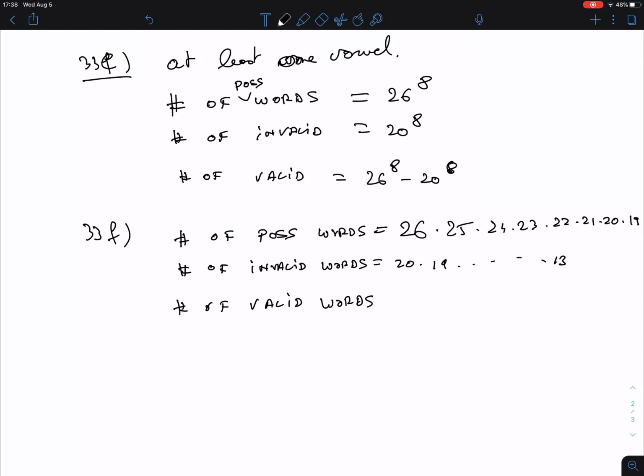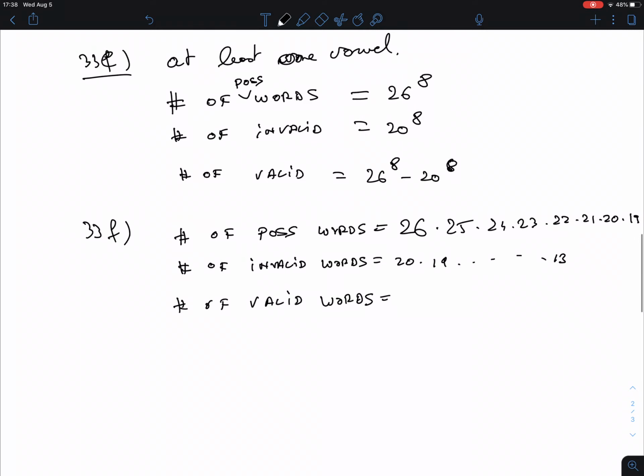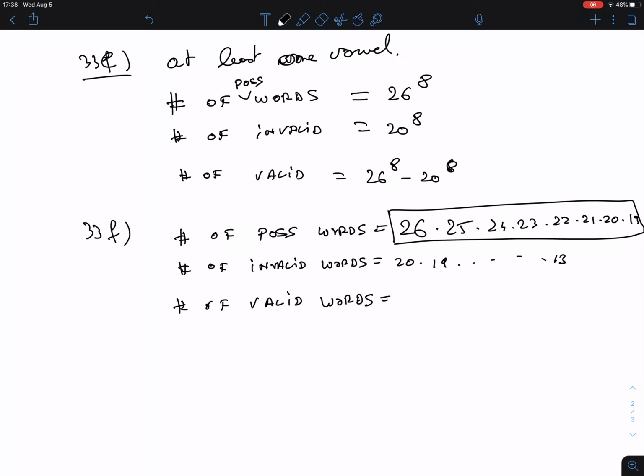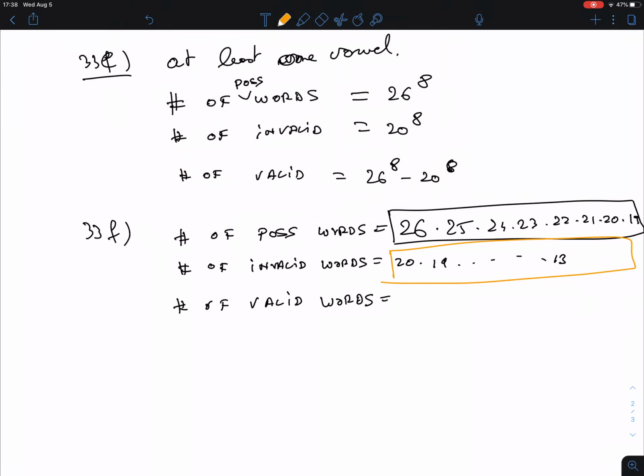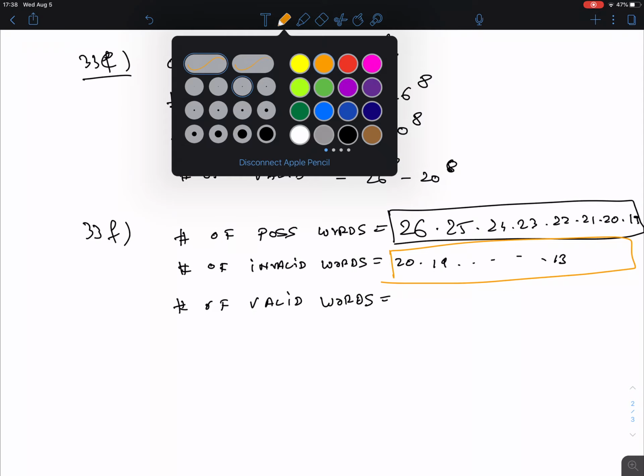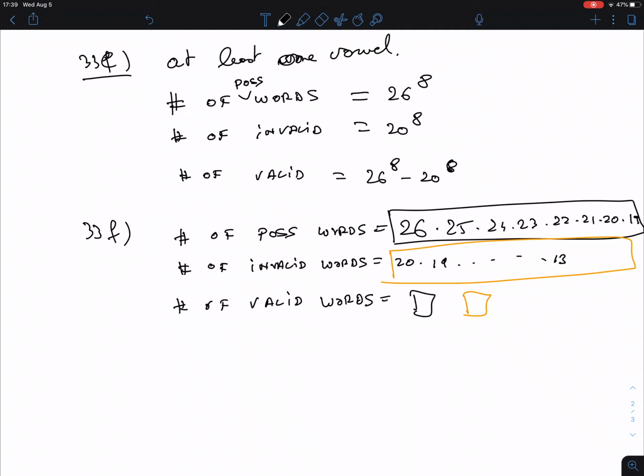What are valid words? A word that has no repetition, but at least one vowel. So let me write it, box it like that. It's this number, and then this number, sorry, it's the black box minus the orange box.